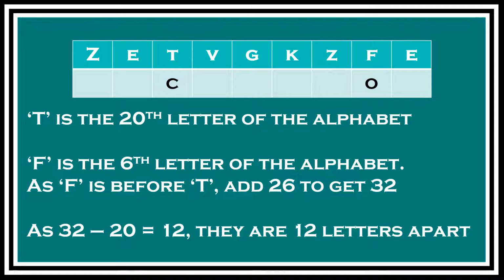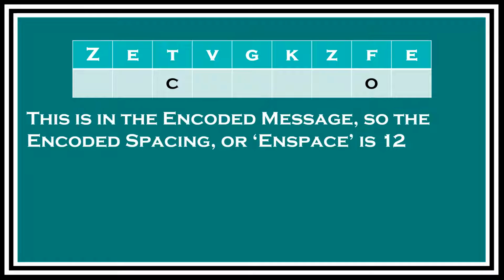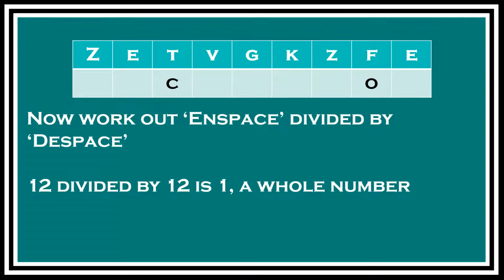So 32, the position of F, minus 20, the position of T, is 12, so those two letters are 12 letters apart. F is 12 letters after T in the alphabet, and that is in the encoded message. So N space, the encoded spacing, is 12.